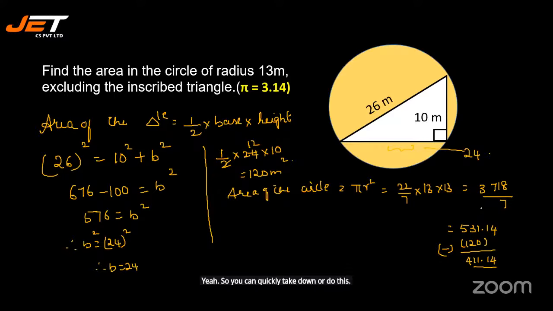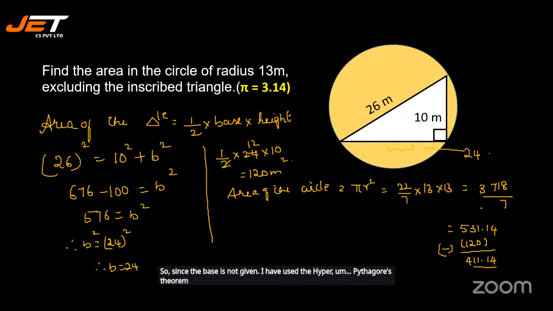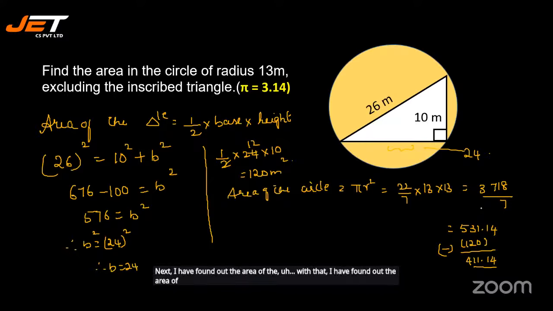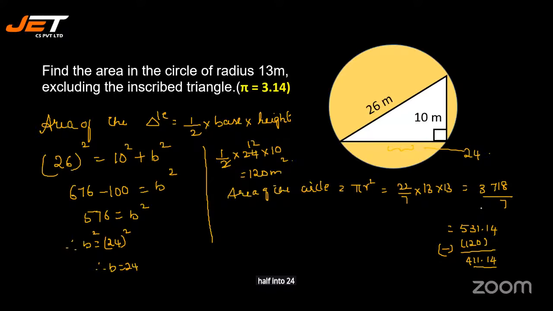So find the area of the circle of radius 13 meter. Since the base is not given, I have used the Pythagoras theorem and found out the base. The base is 24. Next, I have found out the area of the triangle, half into base into height, half into 24 into height 10.